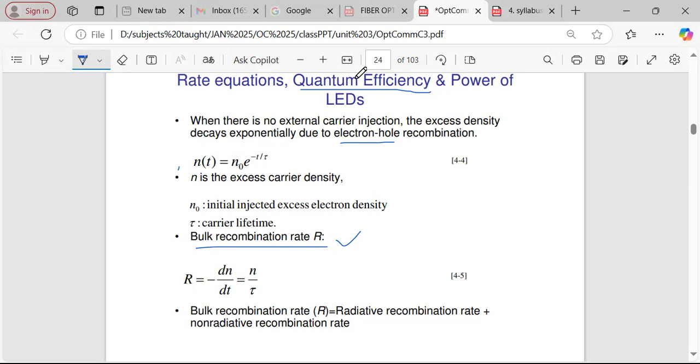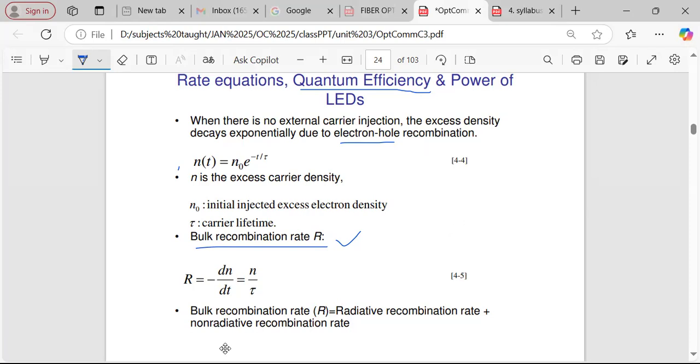Here we have to calculate the quantum efficiency, and the quantum efficiency depends on the emitted photons. And emitted photons, how will we get these emitted photons? When the electron and hole recombine, then the energy is radiated in the form of photons or in the form of heat.